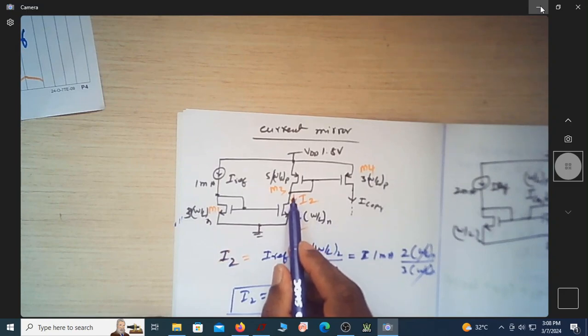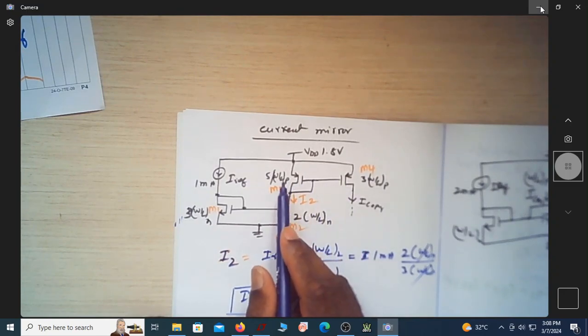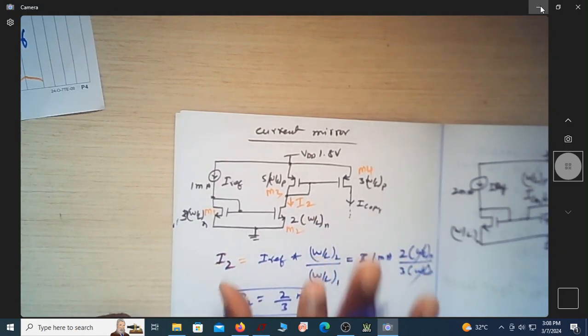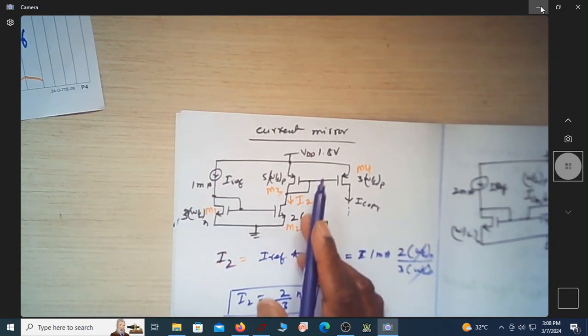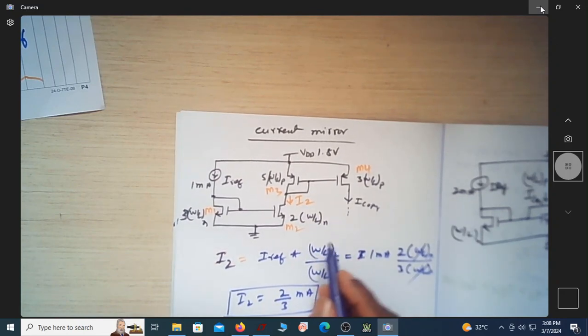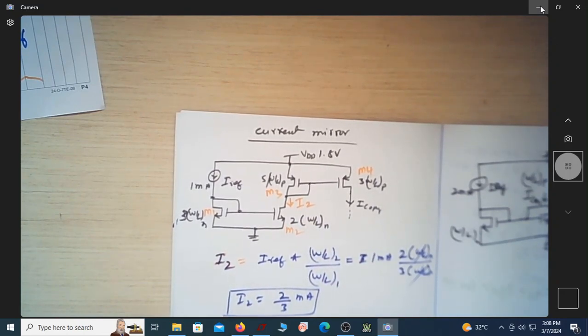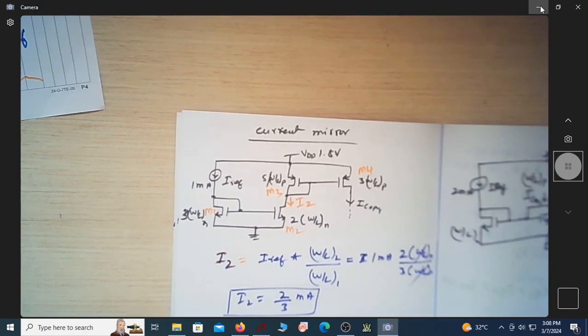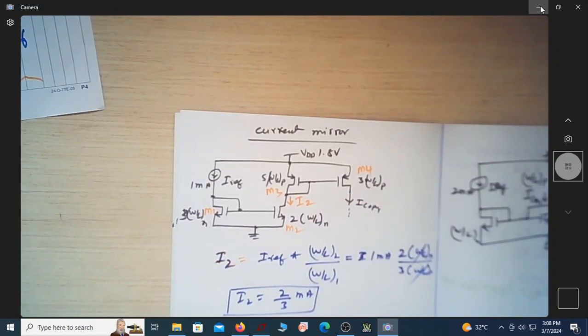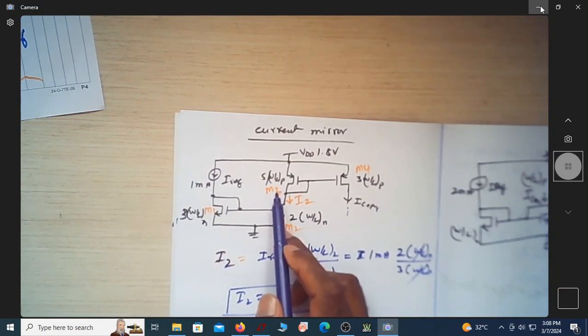Now this current is again mirrored using M3 and M4. So what is I copy? Of course, one assumption we make in all mirror circuits is that all the MOSFETs are in the saturation region. I copy is now I reference multiplied by the dimension of this transistor, W by L of 4, by W by L of 3, that is this transistor.